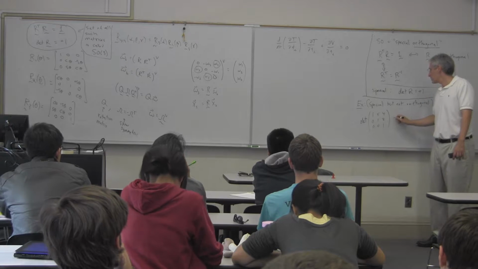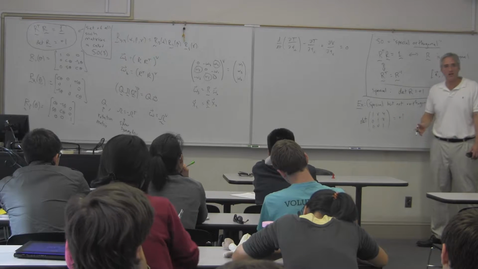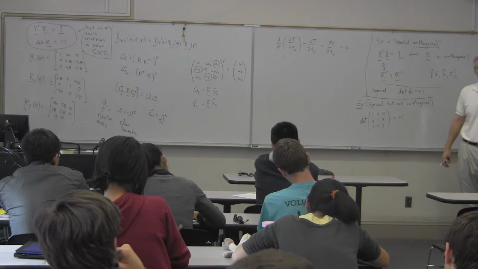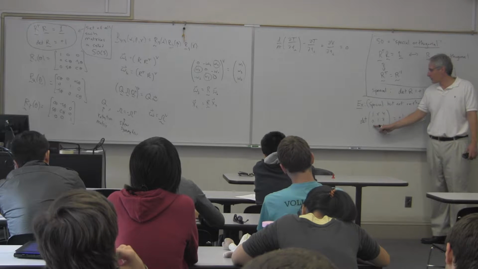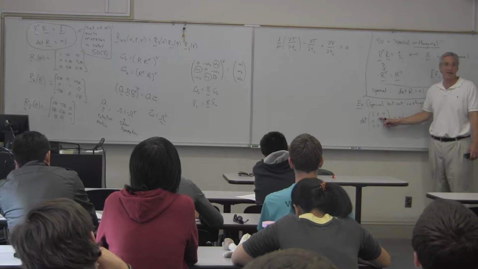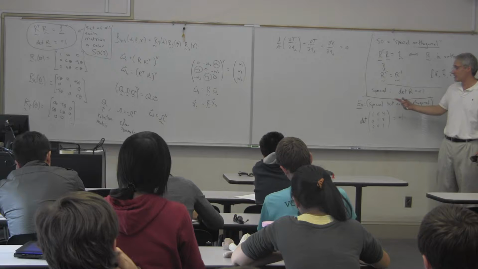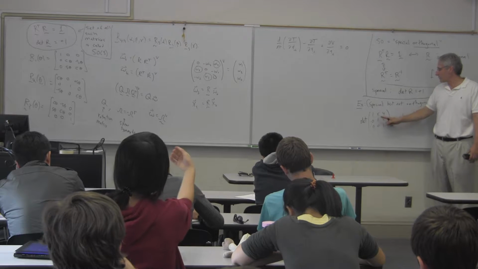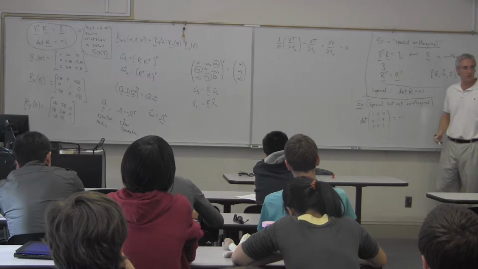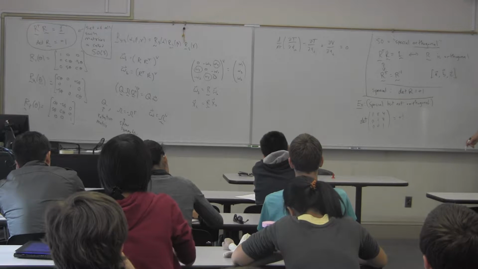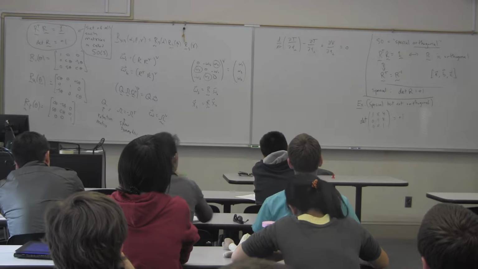So the determinant here is just 1 times 1 times 1. So this matrix is special. It has a unit determinant, but it is not orthogonal. If I take the dot product of this column with this column, I get x, which doesn't have to be 0. If I take the dot product of this with this, I get x times y plus z. It's not going to be equal to 0 in general either.